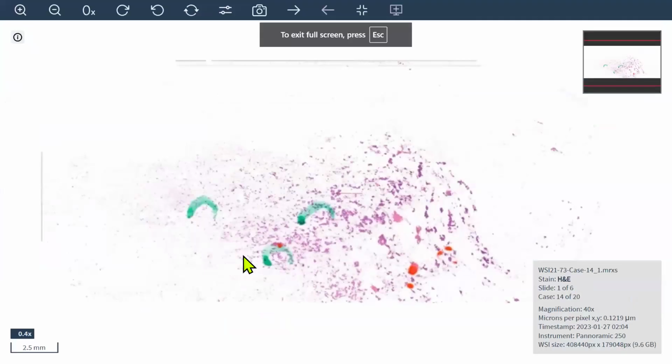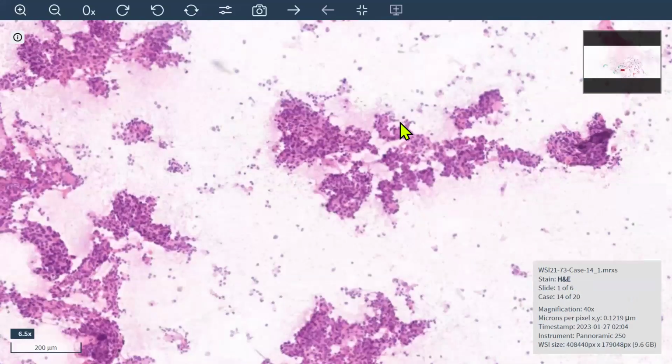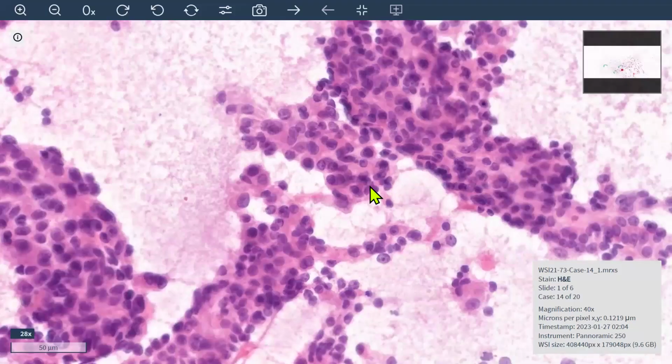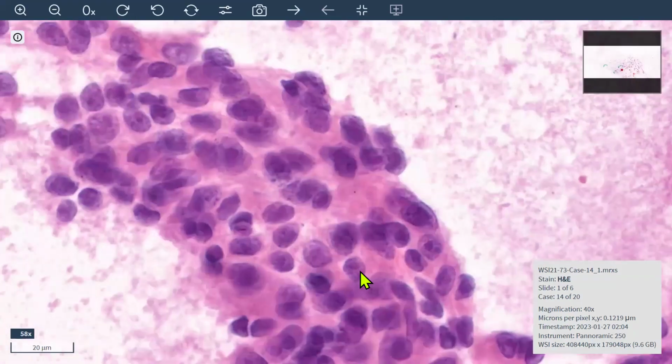Okay, let's see. Again, a solid mass. Little elderly person. What is the diagnosis?